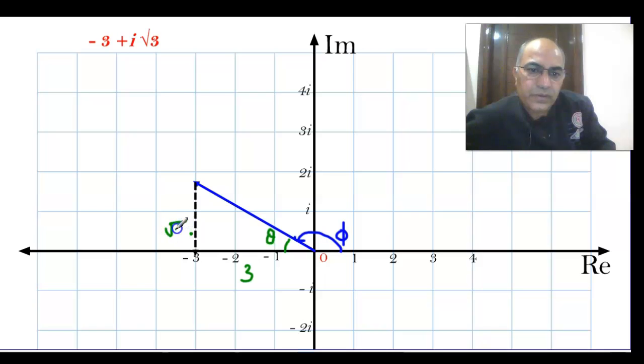Therefore, using t ratios, and what is this length? It is, by Pythagoras, square root of 3 plus 9, that is root 12 or 2 root 3.